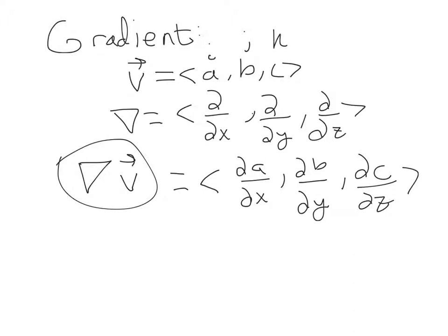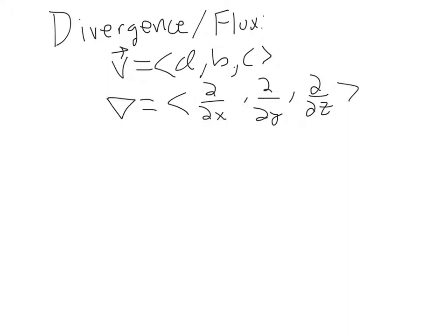To mathematically describe divergence, we will again use the vector v with components A, B, and C in terms of the variables x, y, and z, and the del operator.